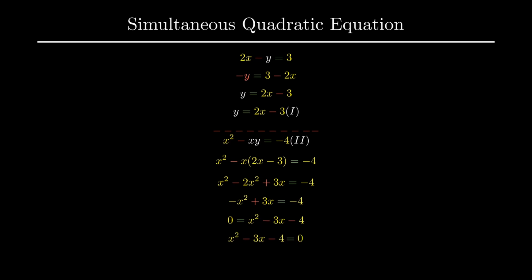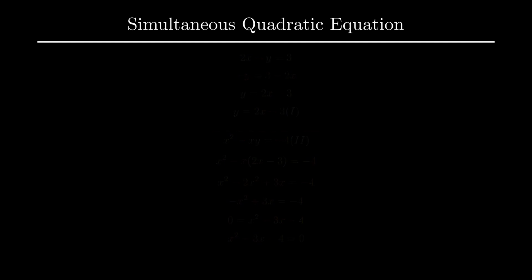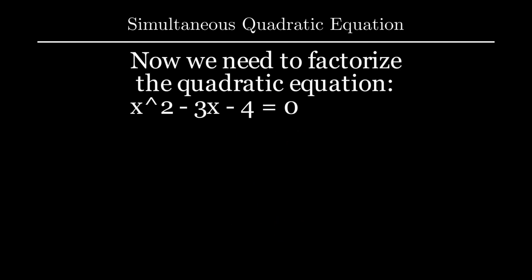So we get 0 is equal to x squared minus 3x minus 4. Now we can flip the sides so that the x terms are on the left and 0 on the right, which doesn't change the signs or the terms. From that step we see that we need factorization, so we factorize x squared minus 3x minus 4 to find the value of x.